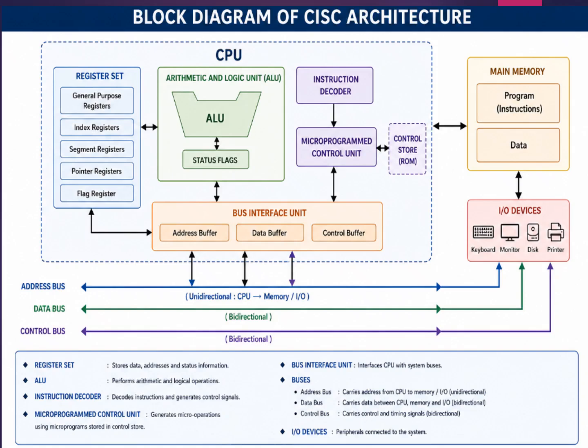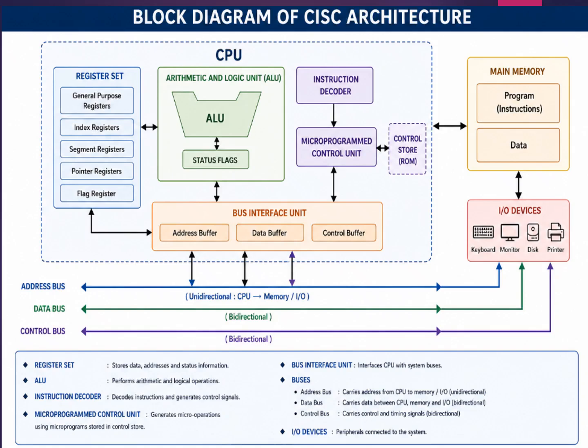What is the use of the address bus here? The address bus carries the addresses from the CPU to the memory or input output devices, only in one direction, that is unidirectional. Main memory means where the instructions and data are stored.